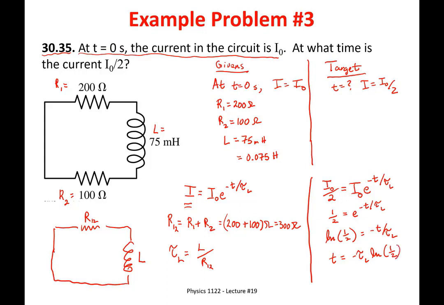And the time constant equation is L over R12. And so then we would just calculate this expression. And so I'll move to the next slide to do that. So we've got t is equal to negative L over R12 log of 1/2.